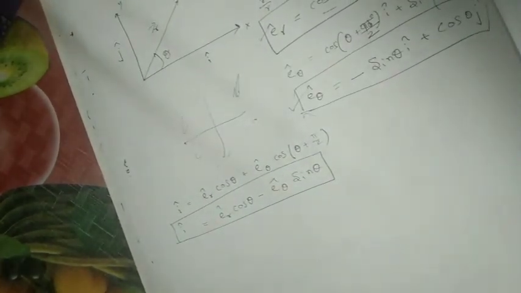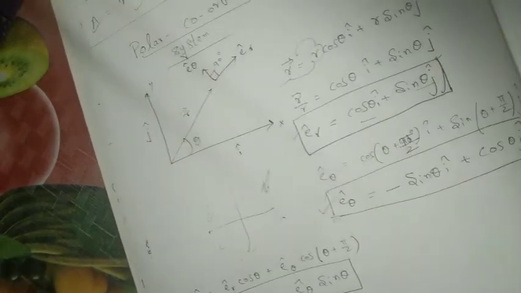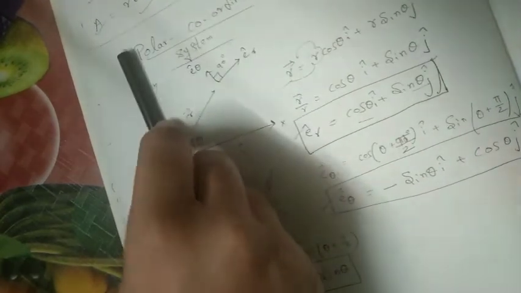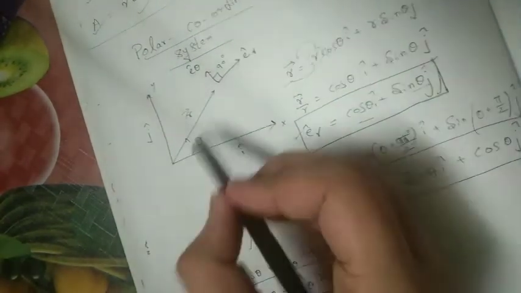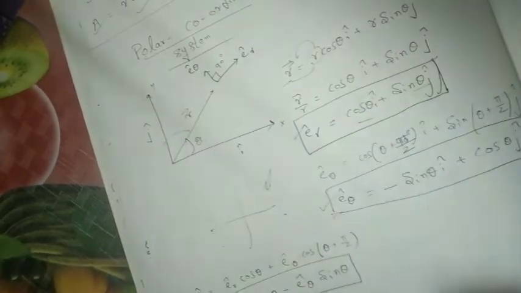Similarly for j, we can take this E cap R in the j direction. As this is theta, this is 90 minus theta, so we are going to take the sine component.